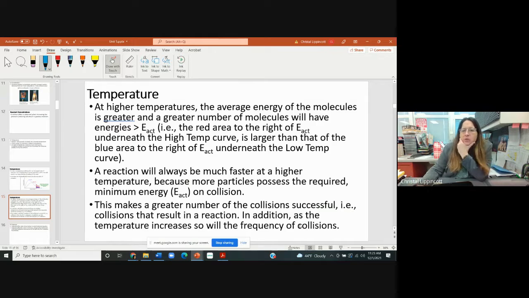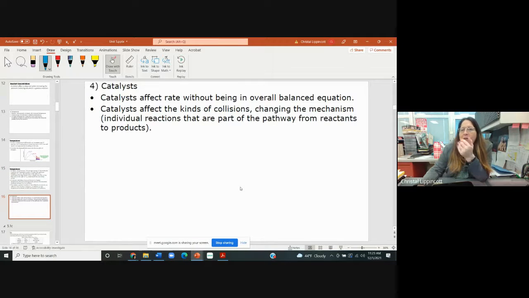Okay, so that's what this slide is talking about, where you're just not going to have as likely of those collisions to occur. And then again, the catalyst. We'll look at the overall balanced equations. They don't contain a catalyst. They don't show you the catalyst.